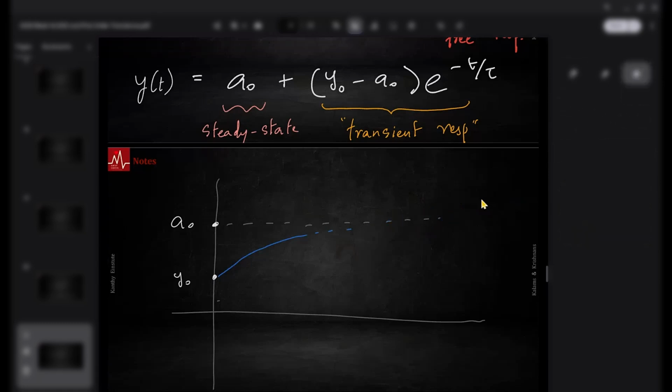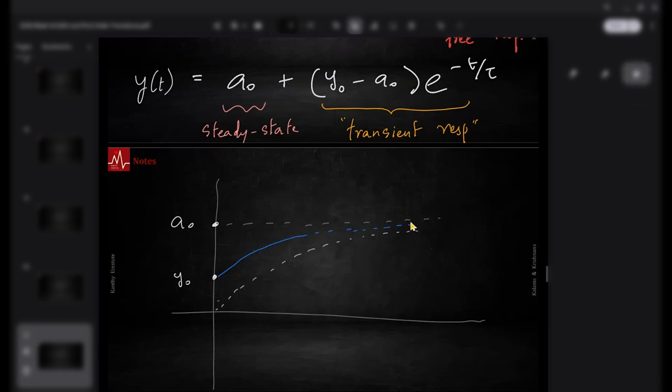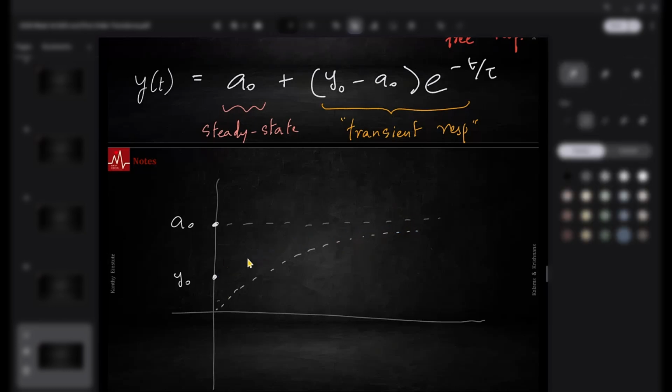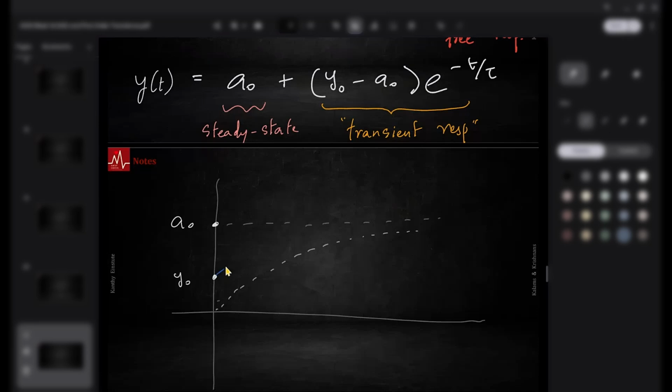Where you start, it will eventually saturate towards that. Start from here, again that will saturate towards that. Okay, let me draw that blue curve slightly better. Charging of a capacitor. The capacitor starts from 0, it will go there.